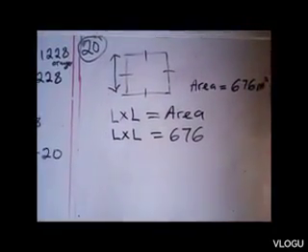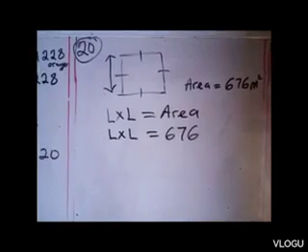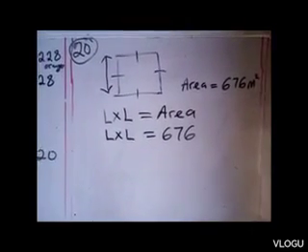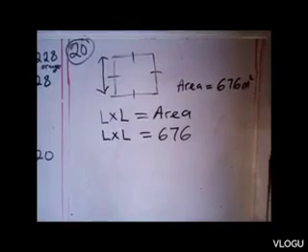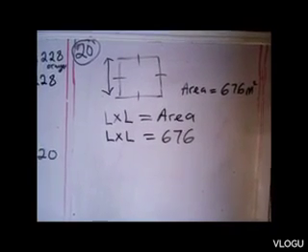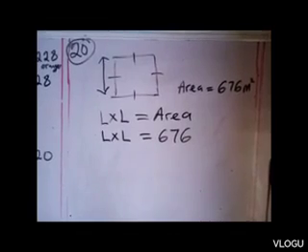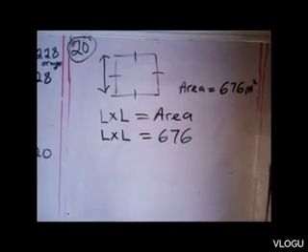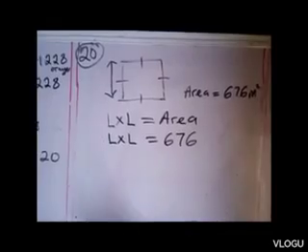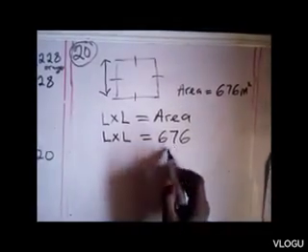So which number will I multiply together that will give me 676? That simply means find the square root of it.